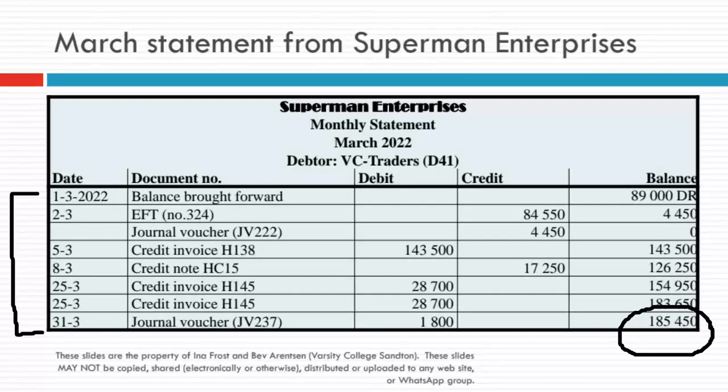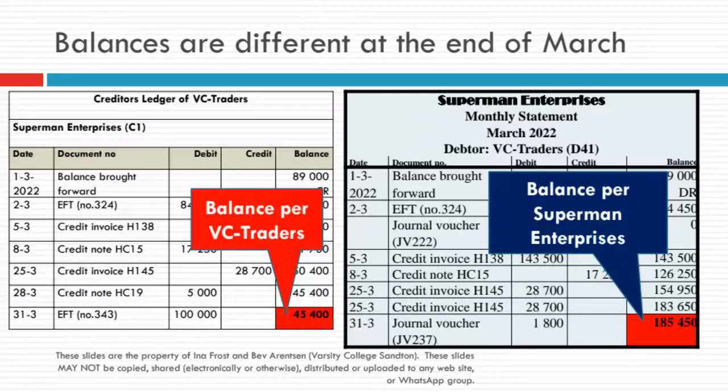So now we have to go and do the investigation to find out why there is a difference between the two balances, and then we have to decide how to address these differences. So on this slide, we can now clearly see, according to the creditor's ledger and this creditor's statement, the two balances at the end of March are drastically different.